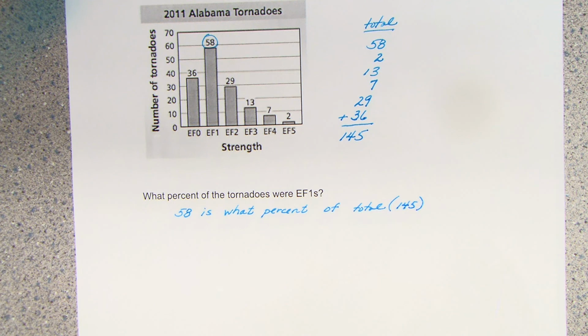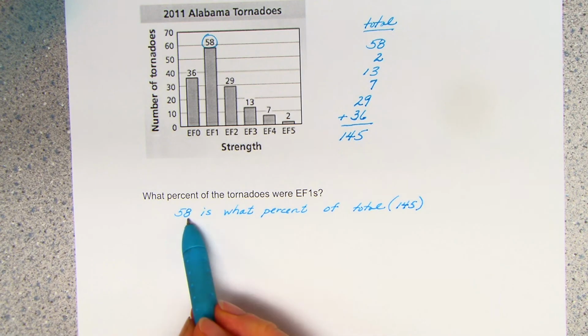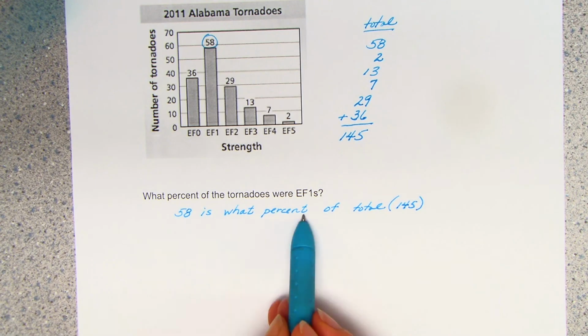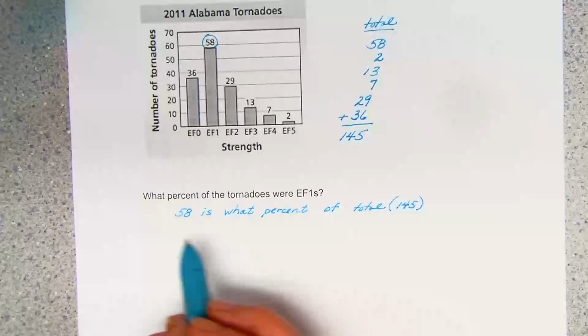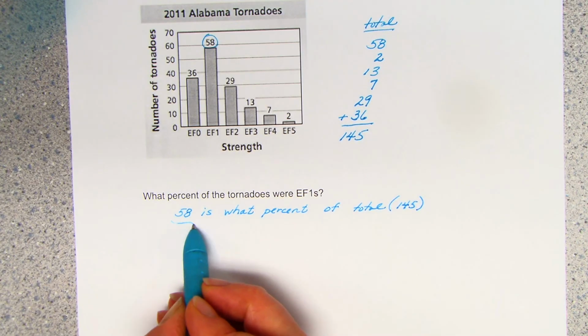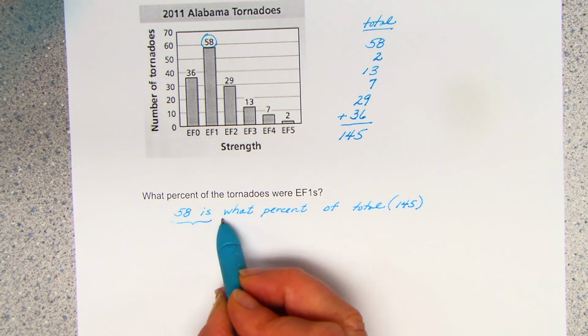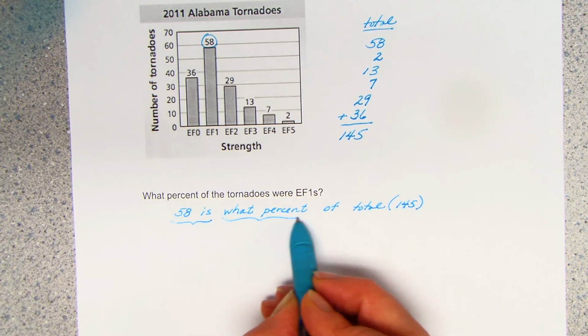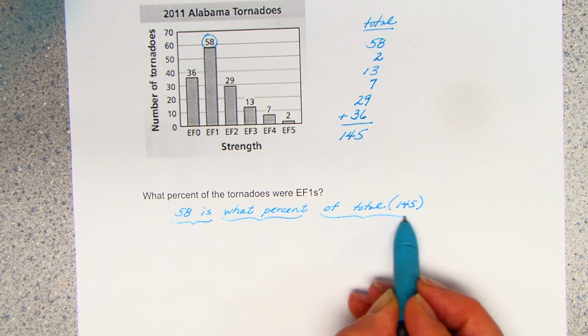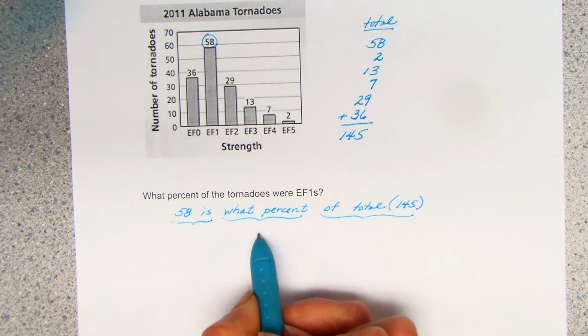And let's go ahead and set up the percent. Let's see, 58 is what percent of the total of 145? The percent is what we're trying to find out.